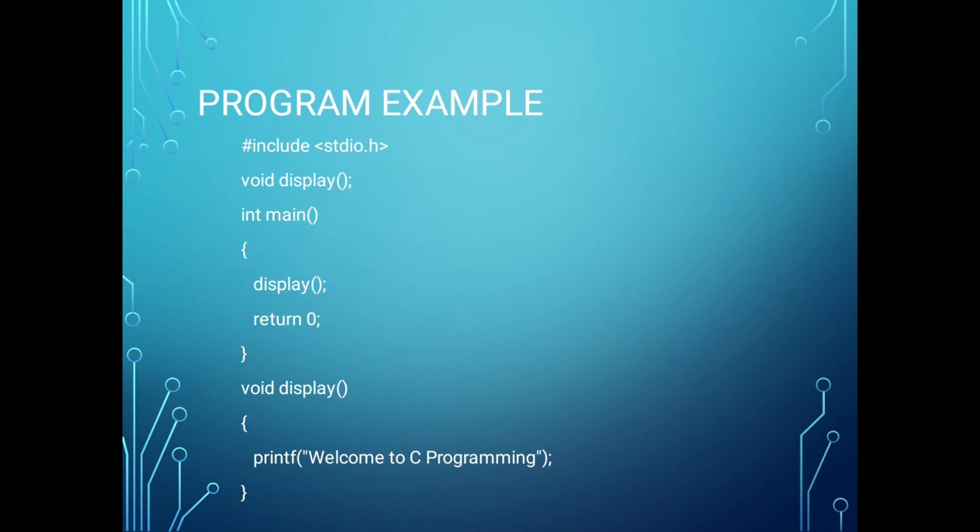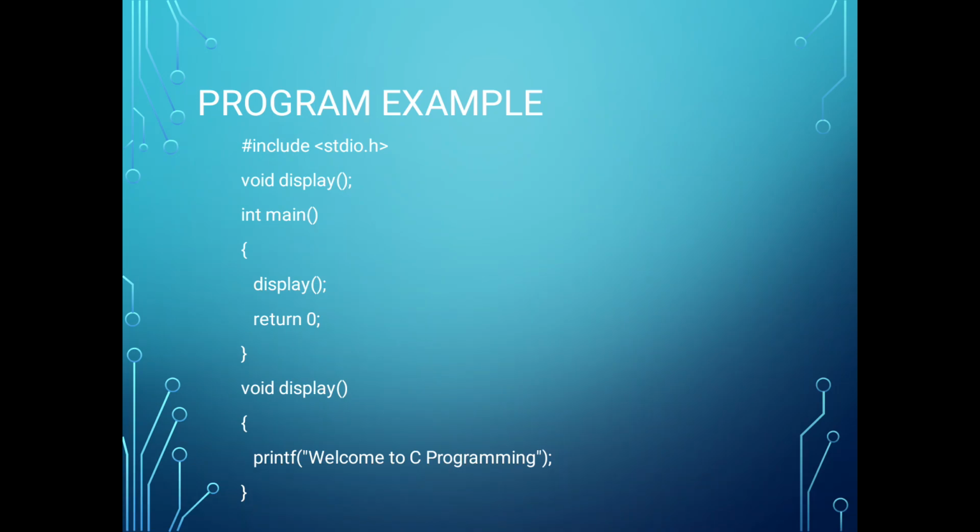After the body of the main function, display has been defined, void display, and a printf statement is passed that says welcome to C programming. Now whenever the user calls the function named display, it will print welcome to C programming as many times as the user calls it. If the user calls display 10 times, then it will print 10 times.